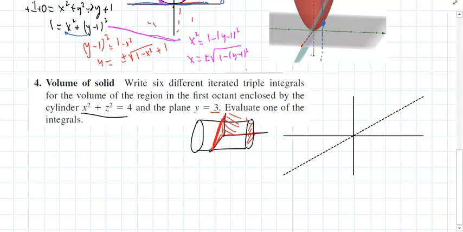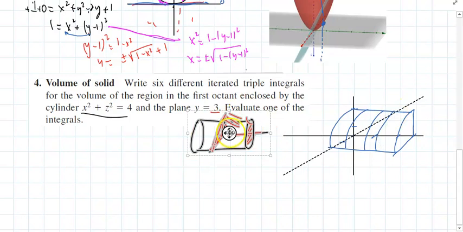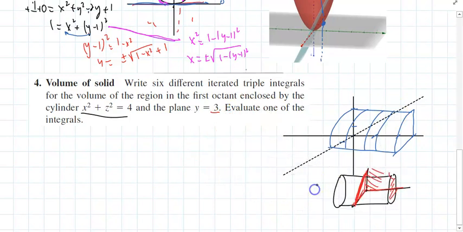So in reality, this is really what it looks like. You're going to move 2 units and 2 units, and that's the cylinder. And you're going to move 1, 2, 3 to the right, 2 units out, 2 units up, and it's going to look like a quarter of a cylinder, literally. Alright, so let me take this and throw this underneath it.